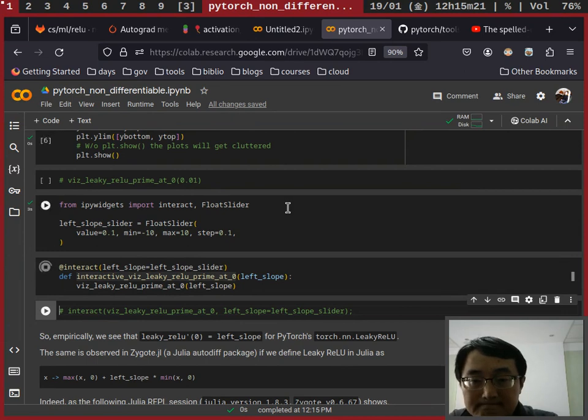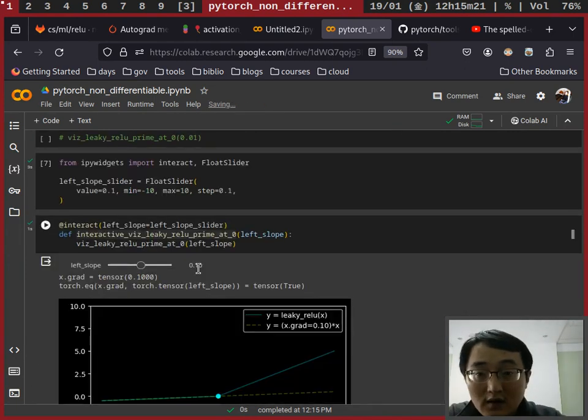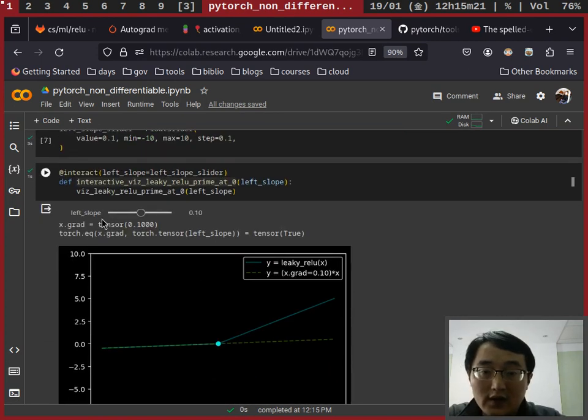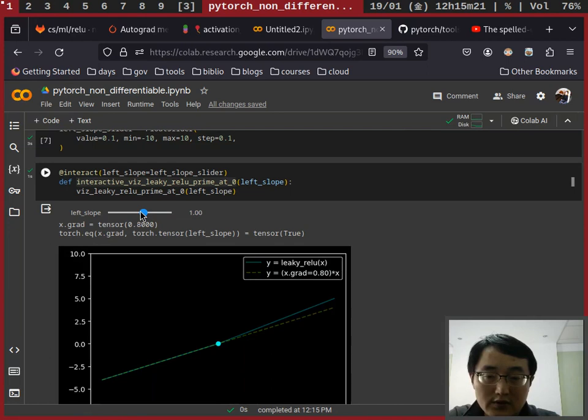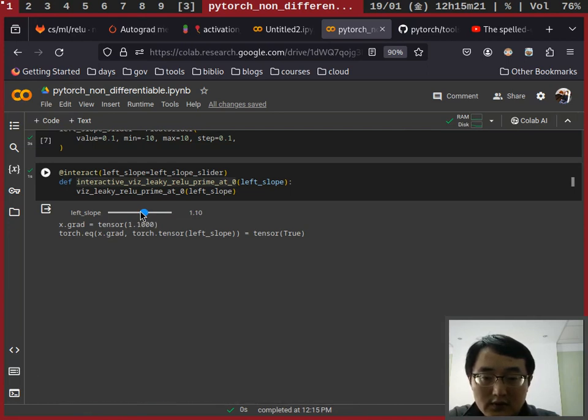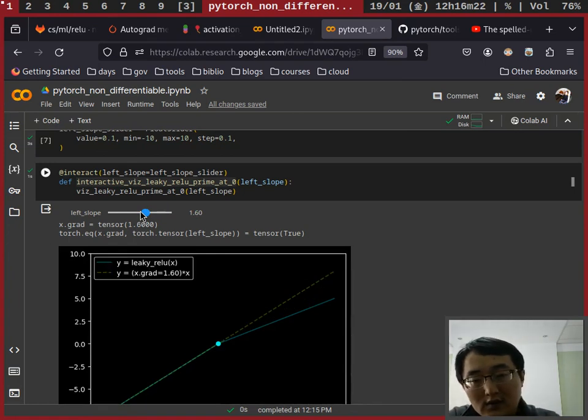So let's run it. It takes some time. Let's wait for it. Okay, so we have this left slope slider here, which we can adjust. We just said that we will increase the left slope until it is greater than 1, so that the graph becomes concave like this.